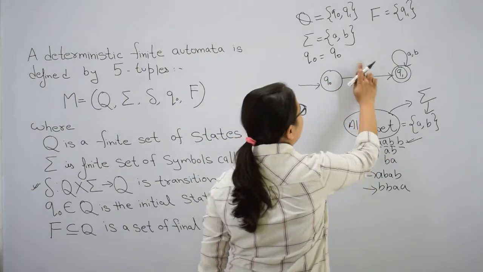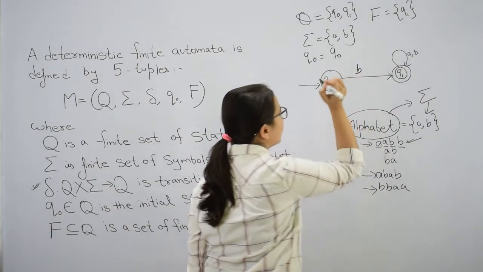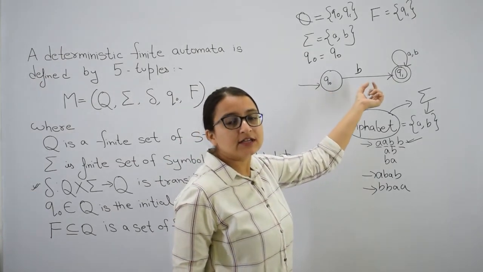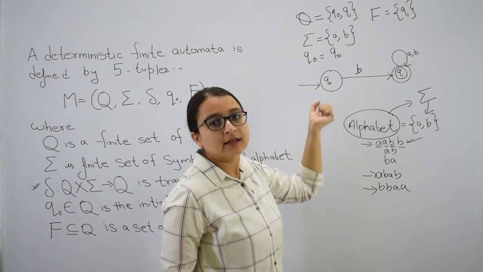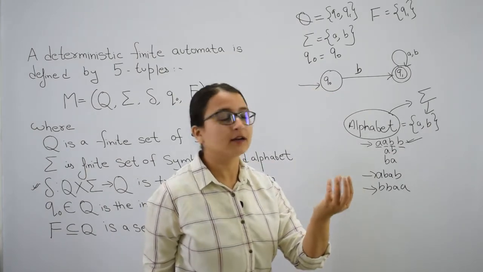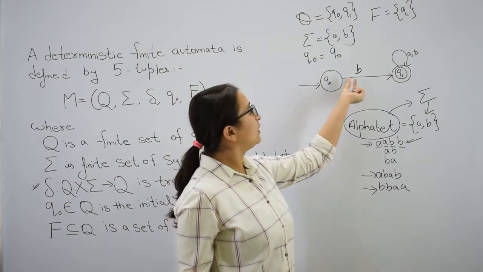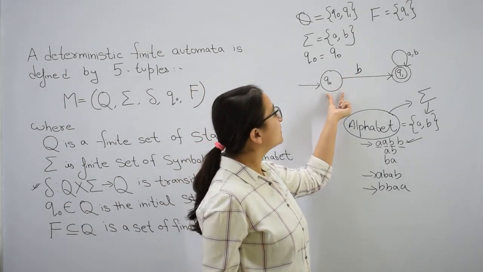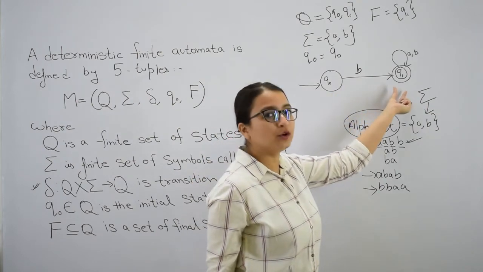And suppose I write a B over here, this means that if you are in a state Q0 and you receive an input B, just as when water is solid and you receive heat as input, your state is Q0, you receive input B. What you do? You move from state Q0 to Q1.